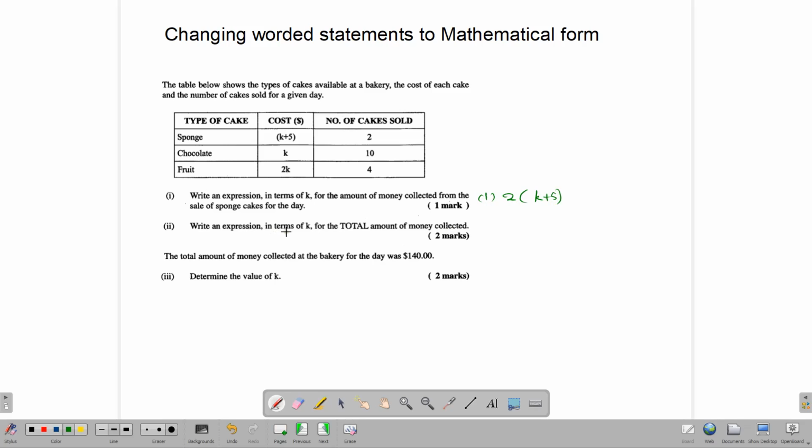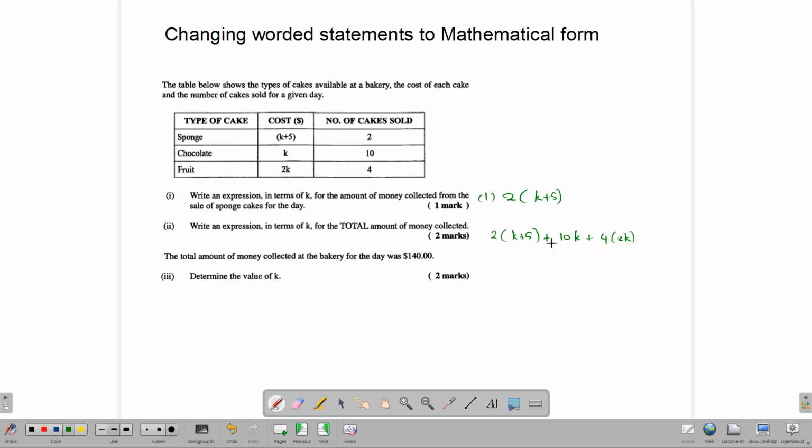Write an expression in terms of k for the total money collected. Now the total money collected will be the money for the sponge cakes, the money for the chocolate cake, and the money for the fruit cake, which means that we're going to have 2 times k plus 5 plus the money for the chocolate cake, 10k, and the money for the fruit cake, which is 4 times 2k.